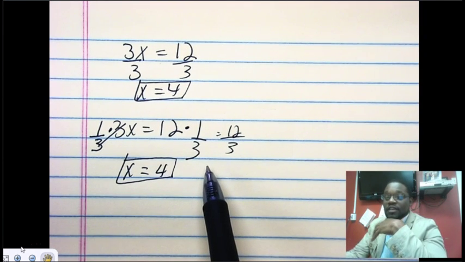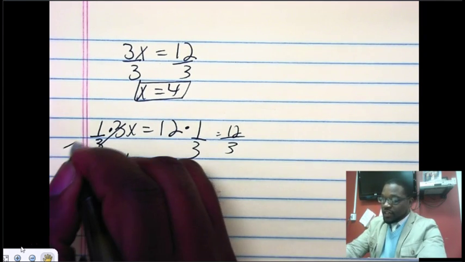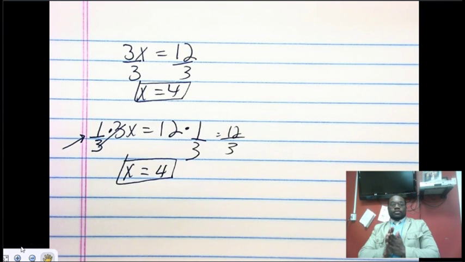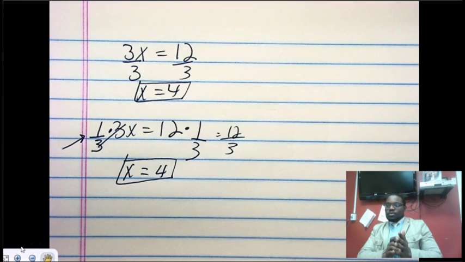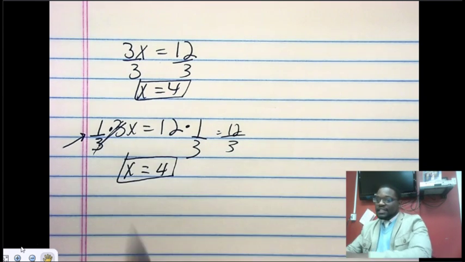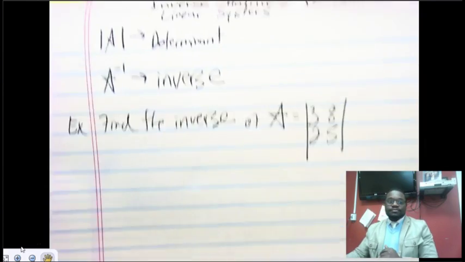There's a certain thing called an inverse. 1/3 is the inverse of 3. There's an inverse that deals with matrices, and that's what we're going to get into, because it's kind of like division, how those cancel each other out, and that's the idea for today.